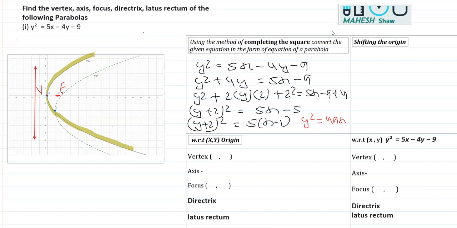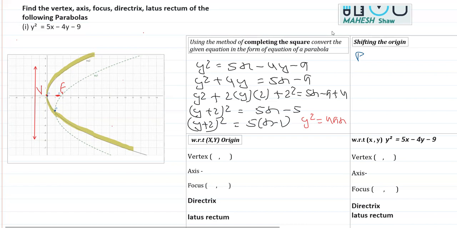Now, the origin, as you know, is being shifted from here to here. So what I'm going to do is put small y plus 2 as capital Y and x minus 1 as capital X. So let's begin with x only.